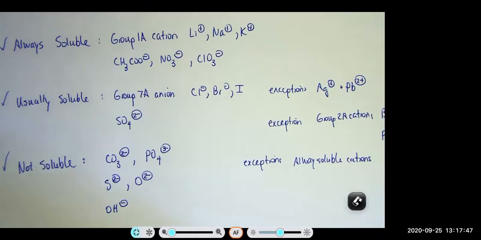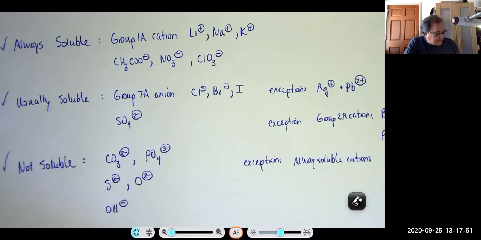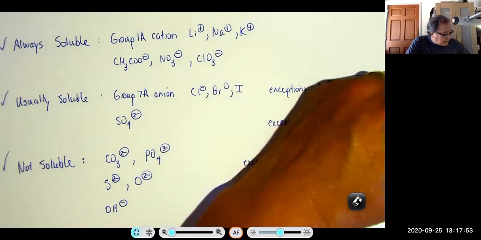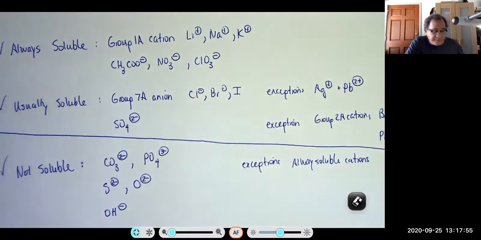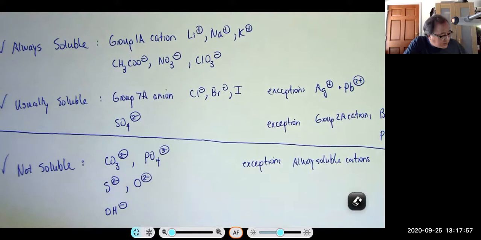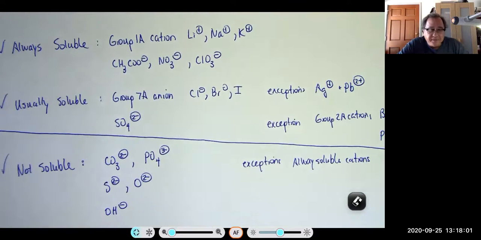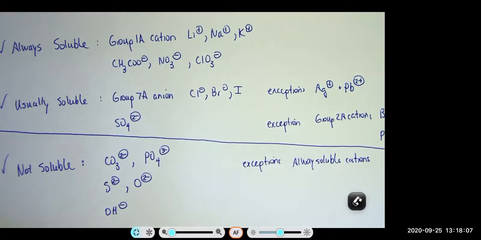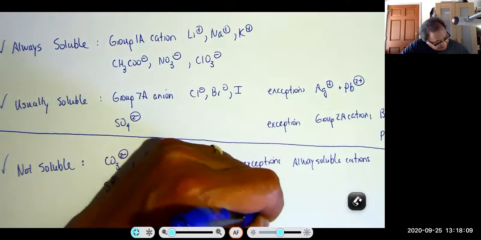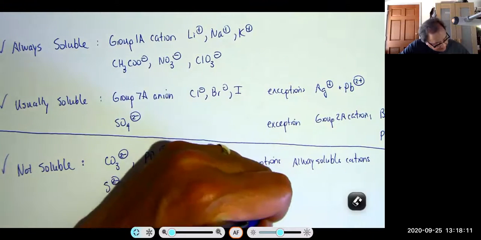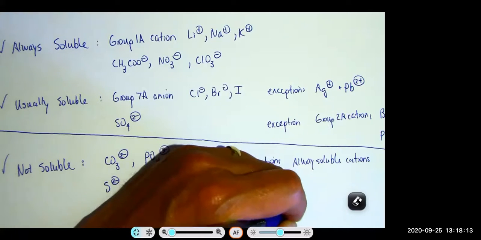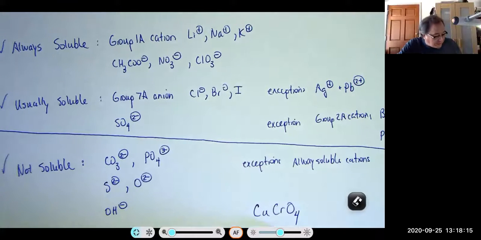Now, another way to do it, Harry, is if you can remember these two: these are the ones that are soluble and these are the ones that are usually soluble. If it's not on that list, it's not soluble. So look at this one. Is this on the first list?